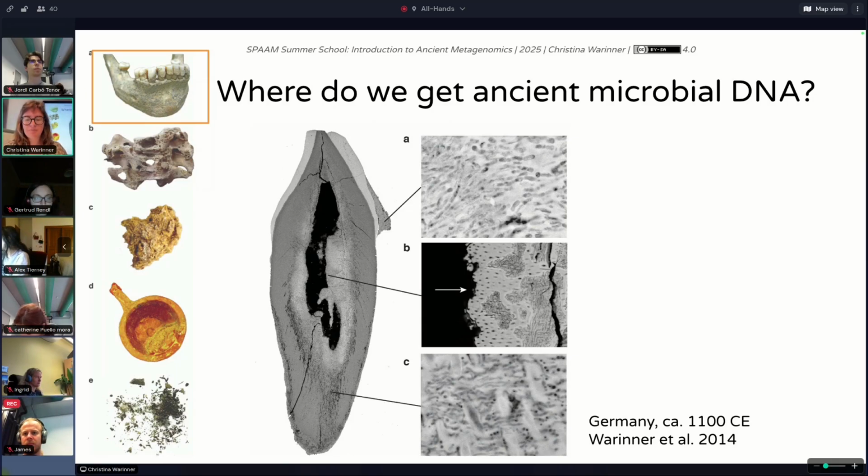And then last, during the decomposition process of the skeleton, you can see it really well in this tooth. You see this discoloration. After this person had died, the tooth decomposed, the pulp broke down, and a lot of microbes began to flourish because they had this really rich nutrient source of the dental pulp.